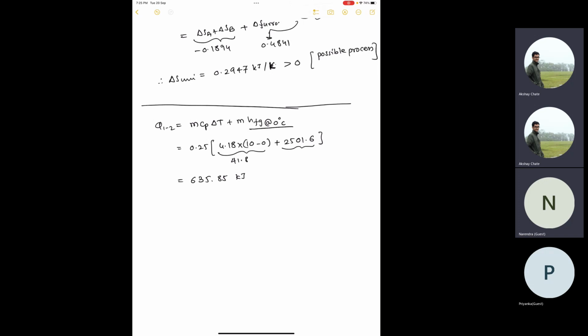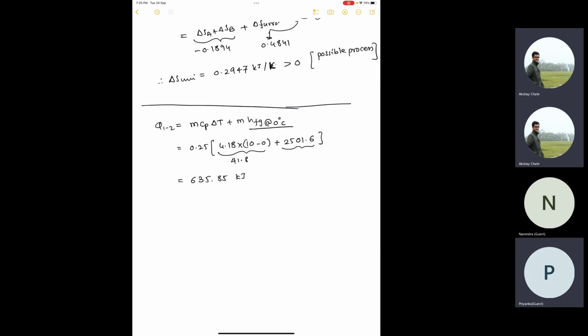You'll get 93.8975 minus. Oh, acha, this value? Yes, sir. Then this 2501.6, it is for which? I told it for water at 0 degrees Celsius. Isn't it for water?